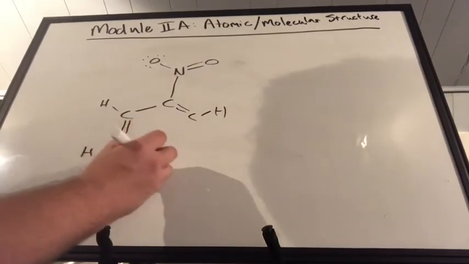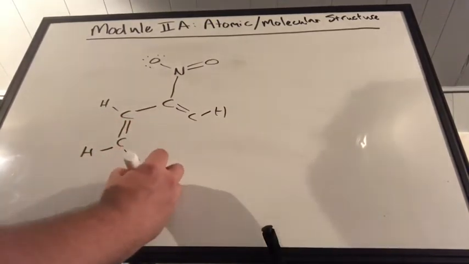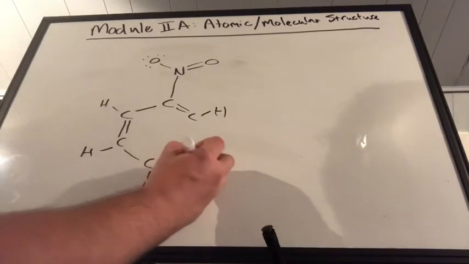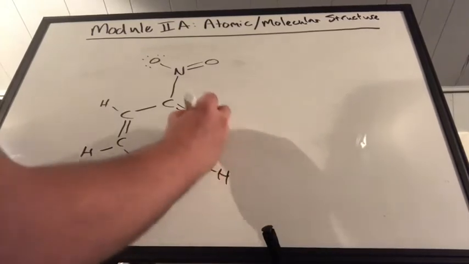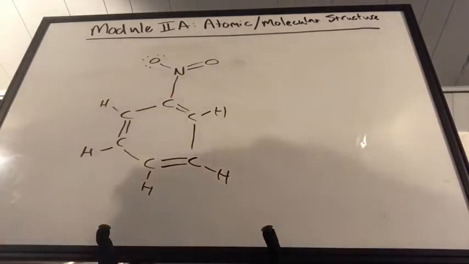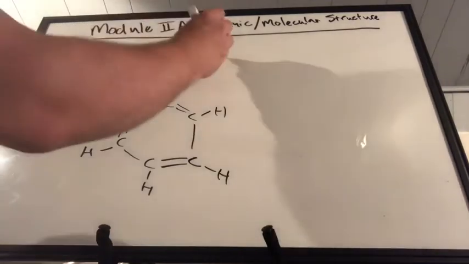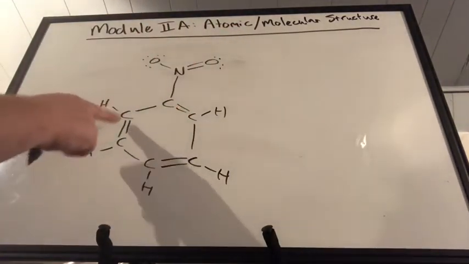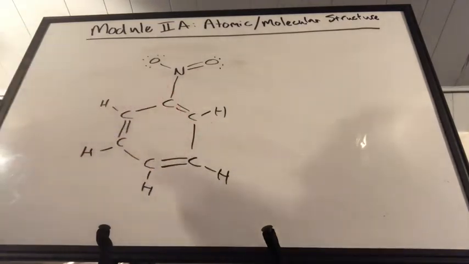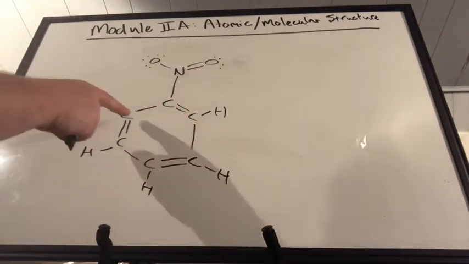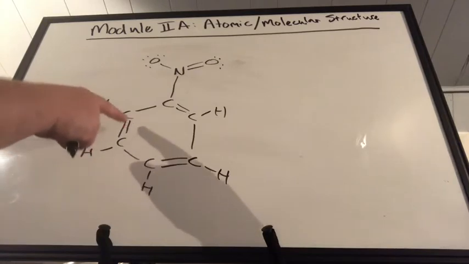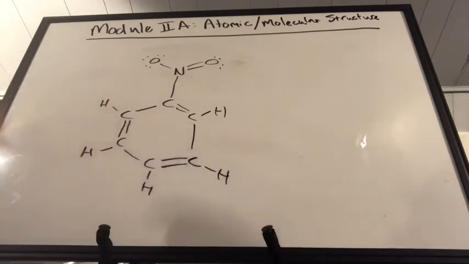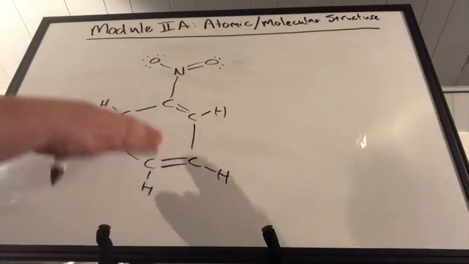Okay. So notice how this is kind of taken me forever to draw. That's because this is not a line structure. Okay, so let's just double check our work here. We can look and see around this entire ring that carbon has 1, 2, 3, 4, 5, 6, 7, 8 electrons surrounding each one.